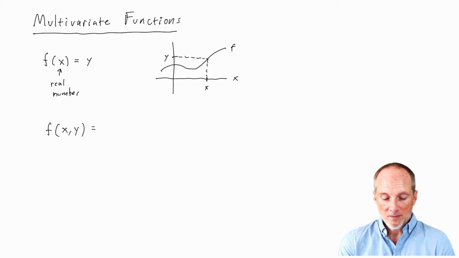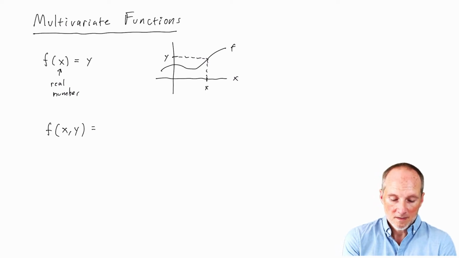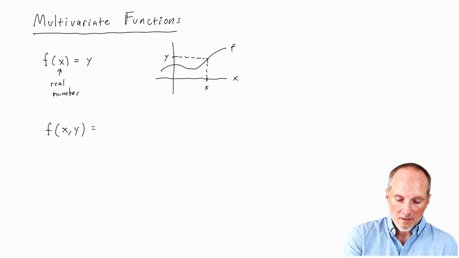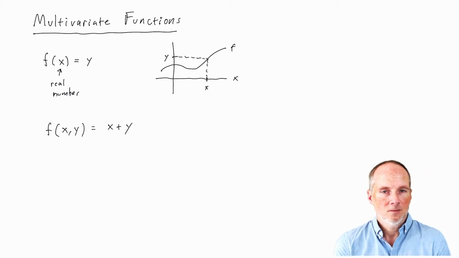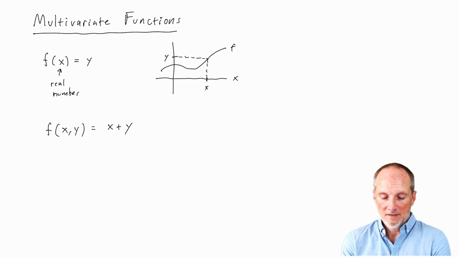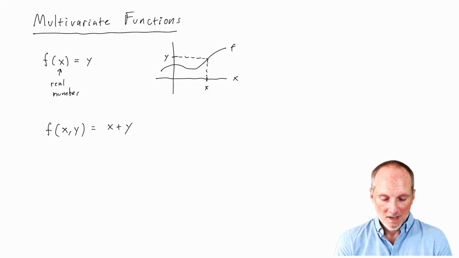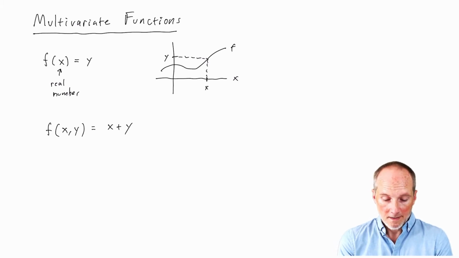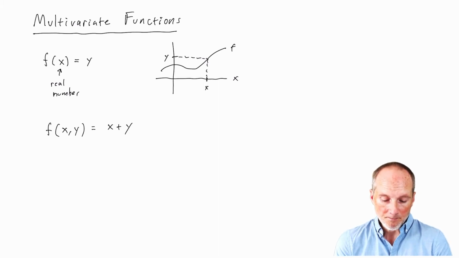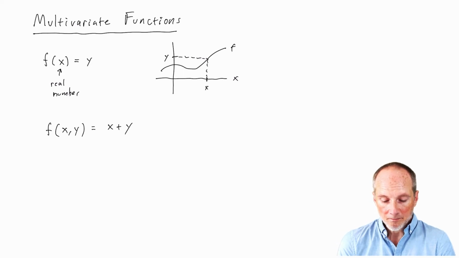These can be very general, but why don't we just go with a specific example where the function just adds x and y. You plug in x and y, and it gives you the sum. Okay, so this is the summation function. It's not a very exciting function, but it's definitely a different idea than what we saw before, or at least a more complex idea.